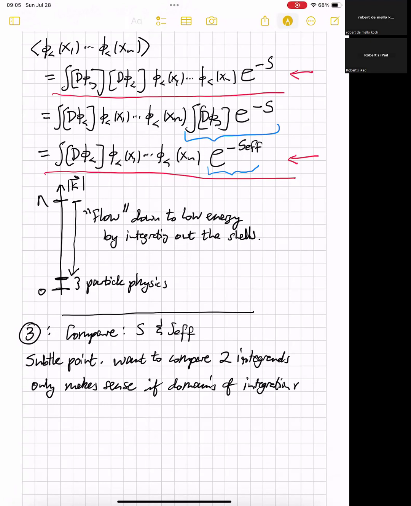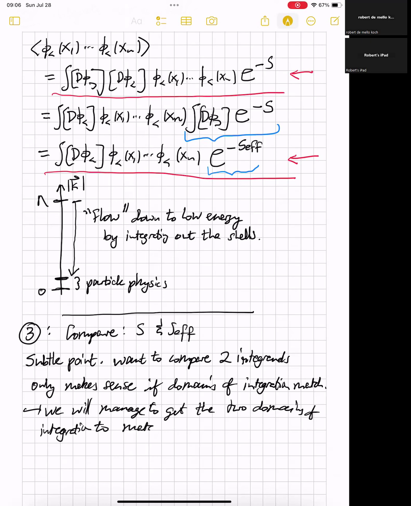Only if you're integrating over the same things does it make sense to compare the two integrands. We will manage to get the two domains of integration to match by rescaling the momenta.